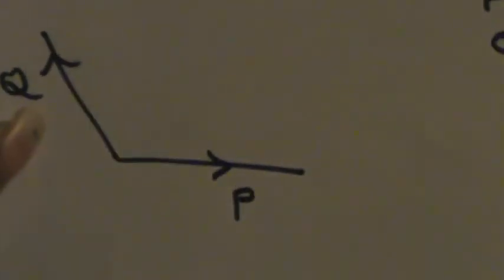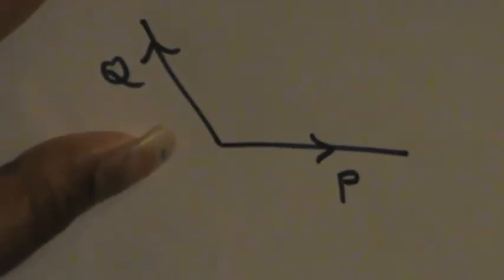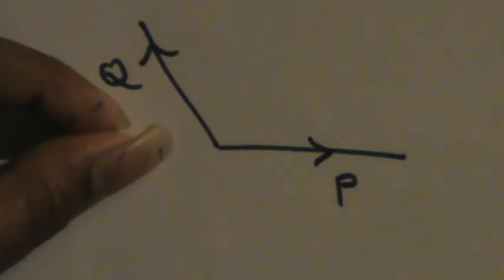So for the equilibrium of three forces also, the resultant should be 0. If you have some angular ones like this, you see there's a P here, there's a Q here, as we have proved in the parallelogram law.